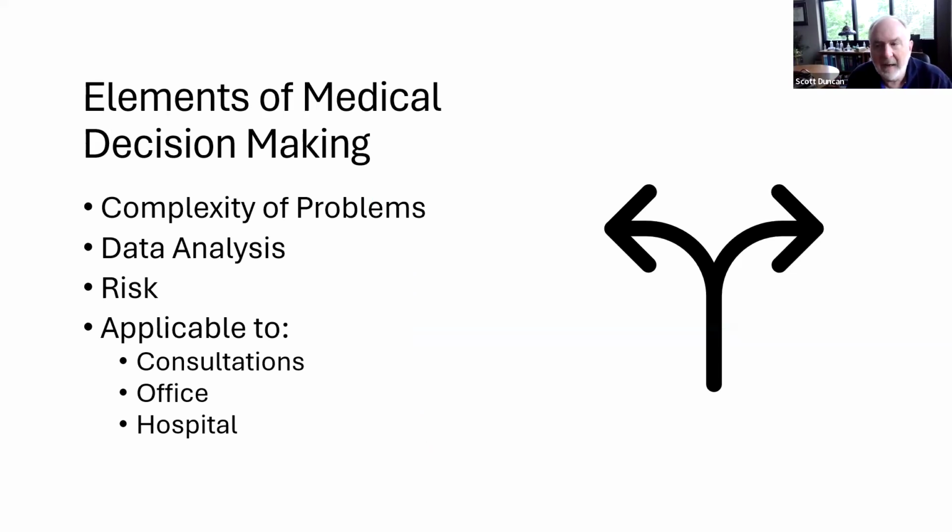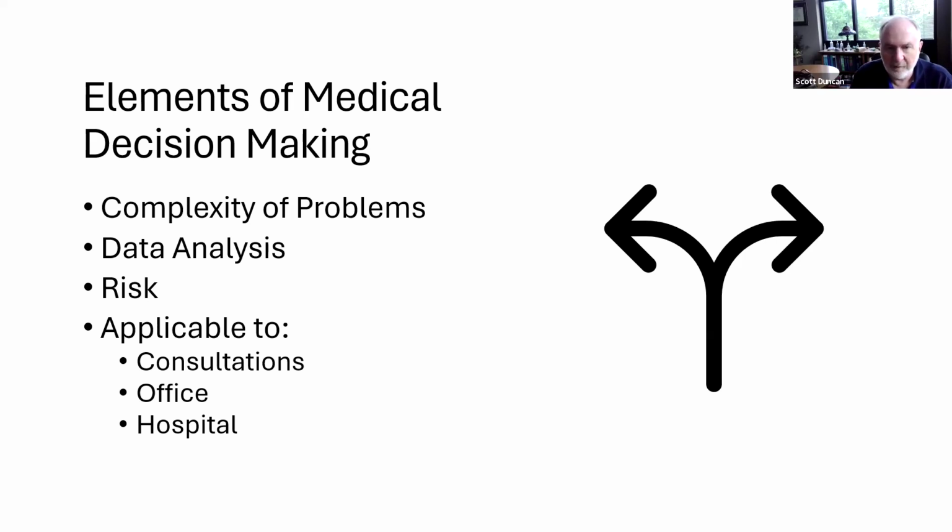When you're thinking about medical decision making as opposed to time, there are 3 major components here: the complexity of the problem, the data that's being analyzed, and the risk to the patient, either from the condition itself or the treatment you're applying to it. Medical decision-making is applicable to consultation, to office work, if anybody's doing neonatal follow-up, and to hospital care as well.